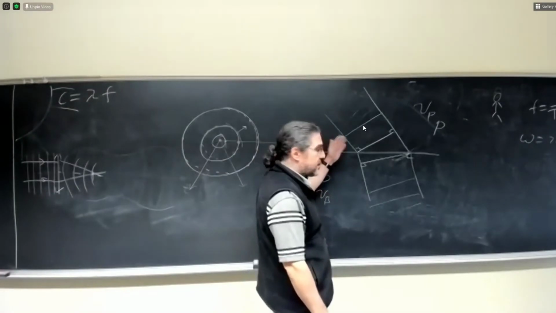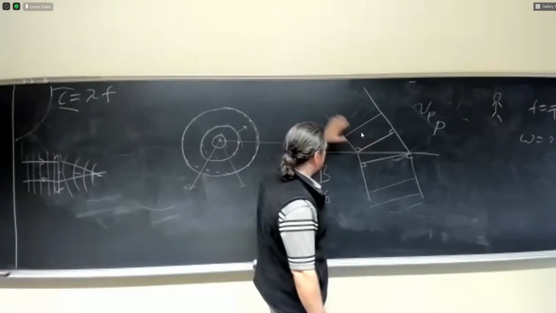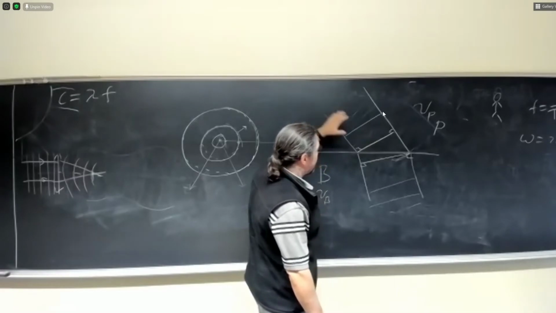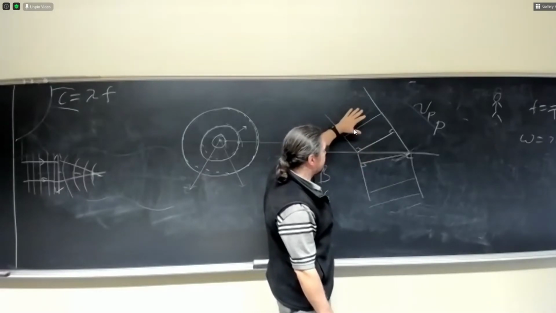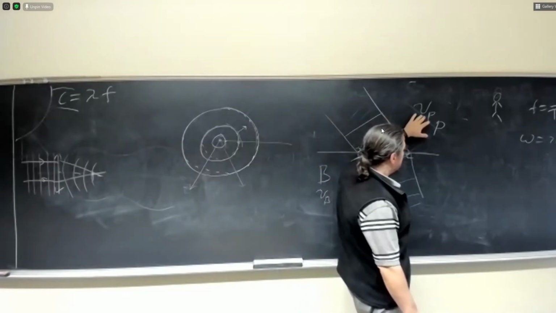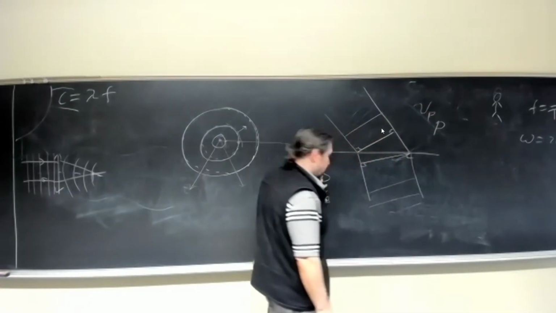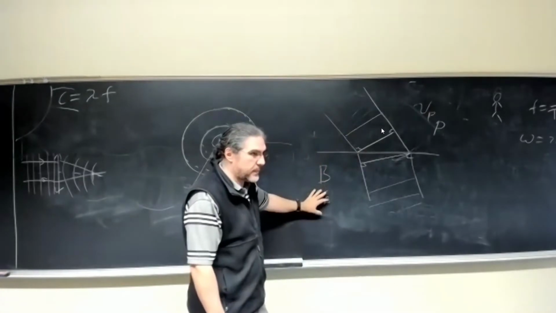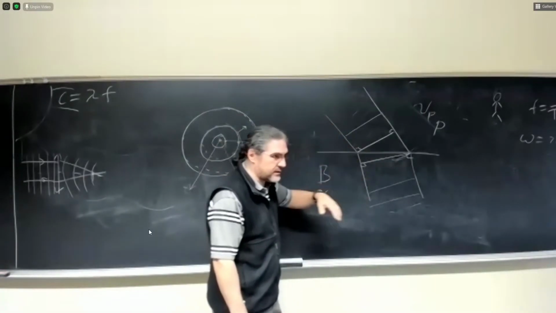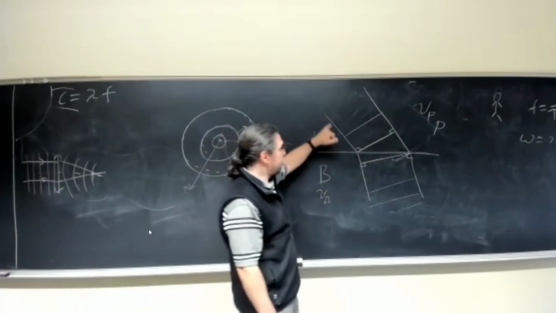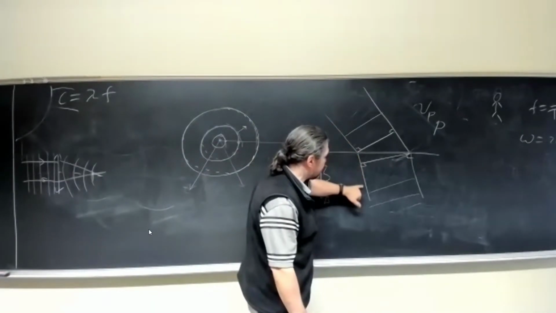No, that's light which is propagating. This is propagating through media, and that light has velocity Vp here, velocity Vb here. So we know that it must bend. This is a ray of light.